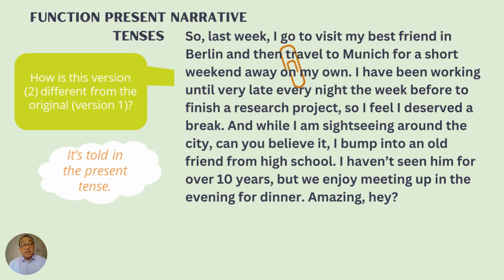If you ask me, by looking at this structure, how can it be "last week I go"? Totally wrong, but because it is the function of the present narrative tenses, it is accepted in spoken English. Look at it, just started with "so." "Last week I go to visit my best friend in Berlin," so the listener knows the context is last week, even though "go" is still used in the present instead of "went."